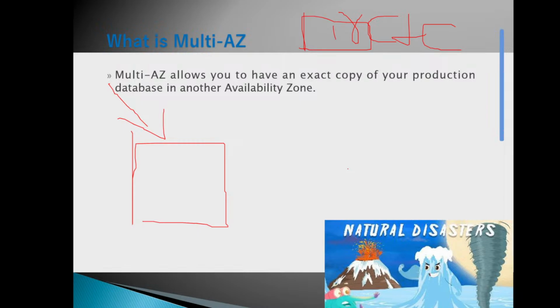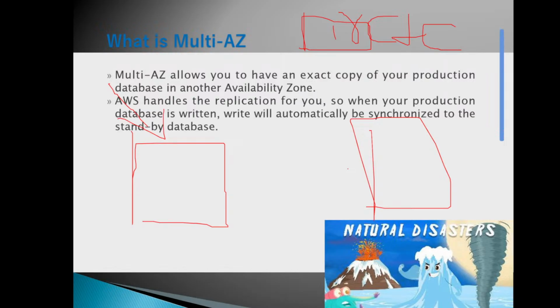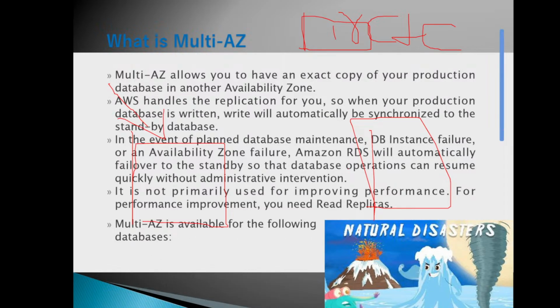It will be running idly. So all the people are going to connect to your primary instance only. If the primary instance goes down, in that scenario, your secondary instance will come up.